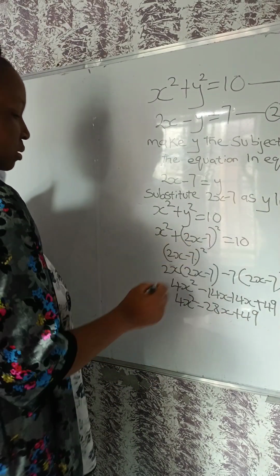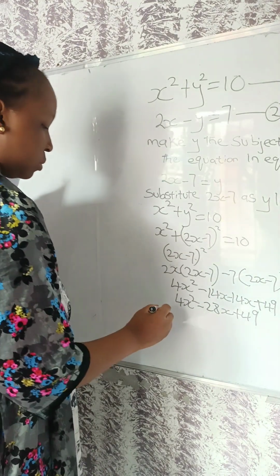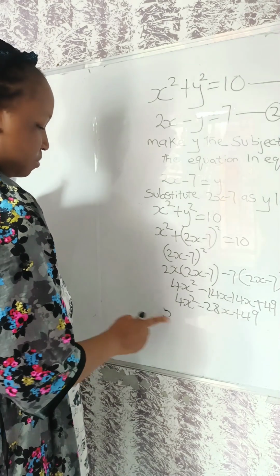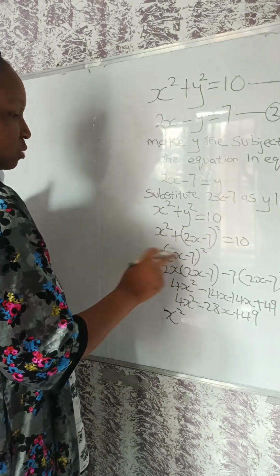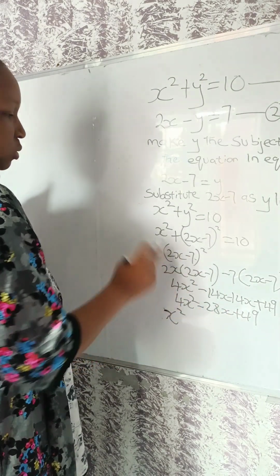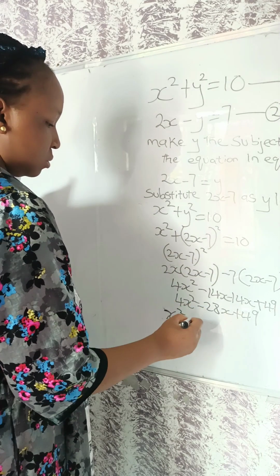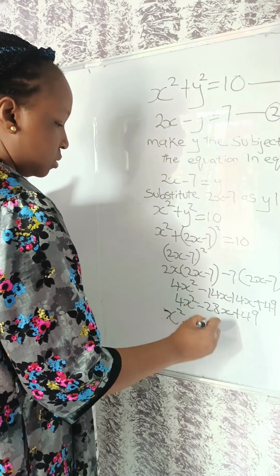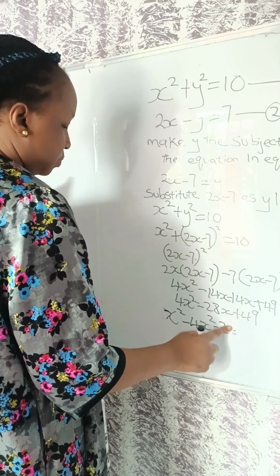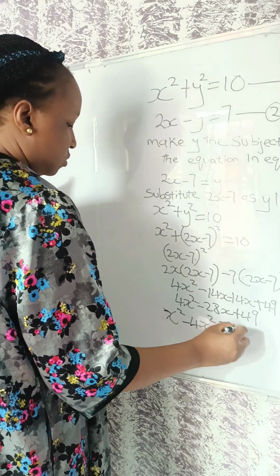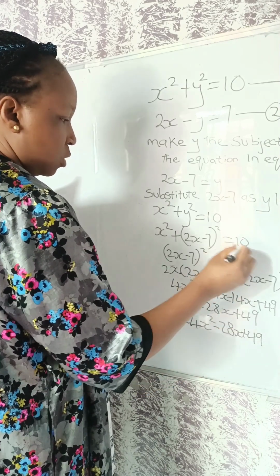So let's bring down our x squared and our 10. So bring it down: 4x squared minus 28x plus 49 equal to 10.